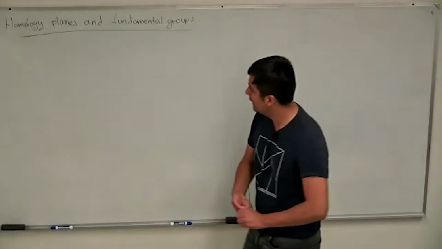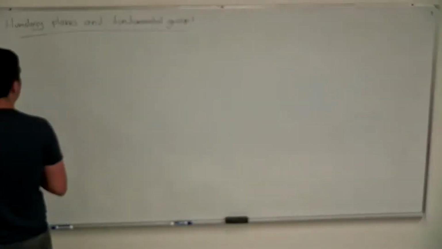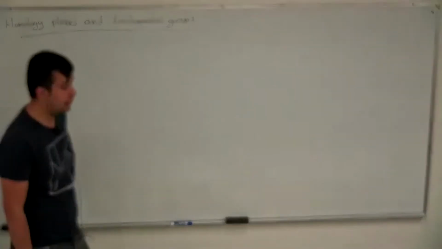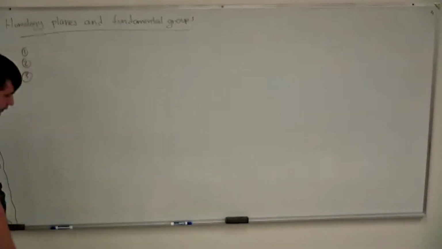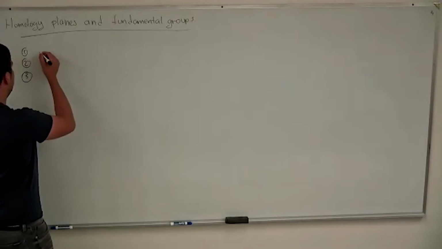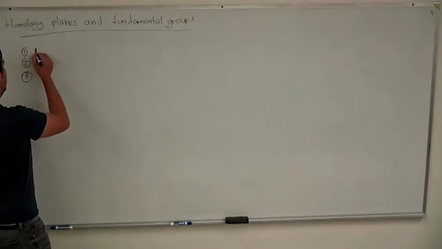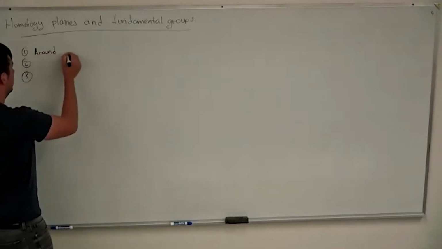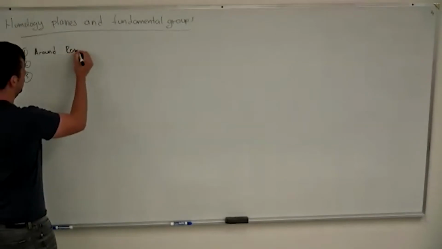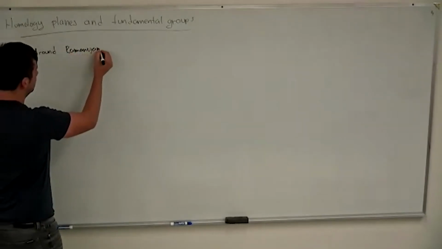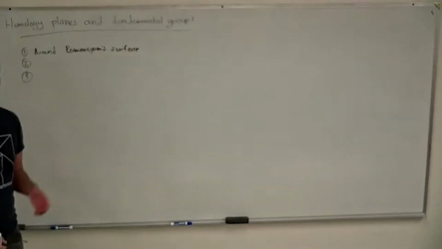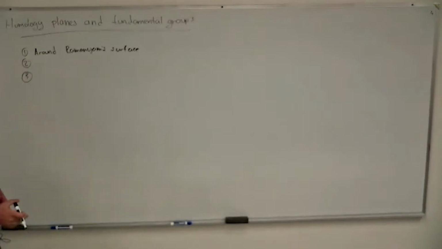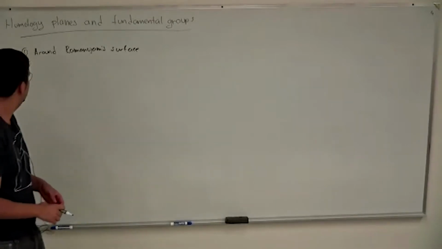Well, thanks for the introduction, and let me give you the plan of the talk. I will divide this talk in 3 parts. I will begin by motivating all the talk that I'm going to give, and I will call this part around Ramanujan surface. So I will give an example of an algebraic surface, and I will give some properties of it.